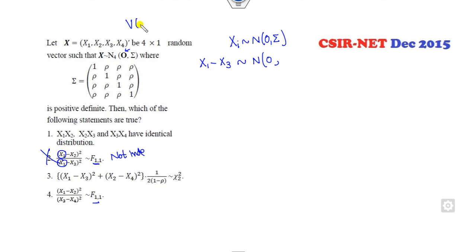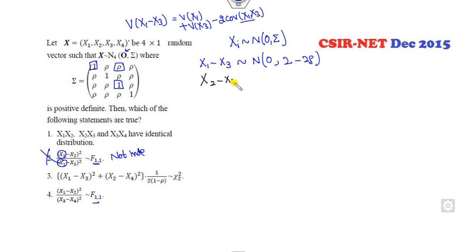What is the variance of x1 minus x3? This is variance of x1 plus variance of x3 minus 2 times covariance of x1 and x3. Variance of x1 is 1, variance of x3 is 1, covariance of x1 and x3 is rho. So it's 2 minus 2 times rho. Similarly, x2 minus x4 again follows normal with 0, 2 minus 2 rho.